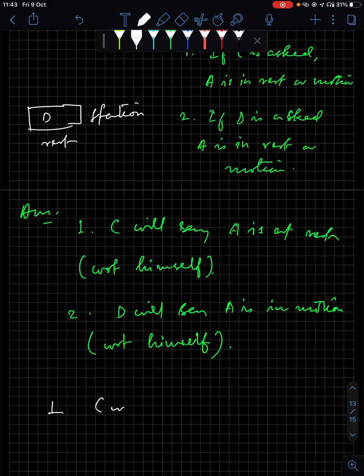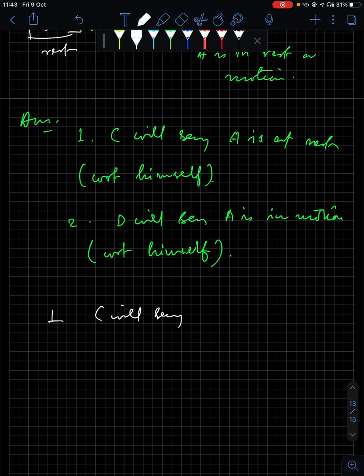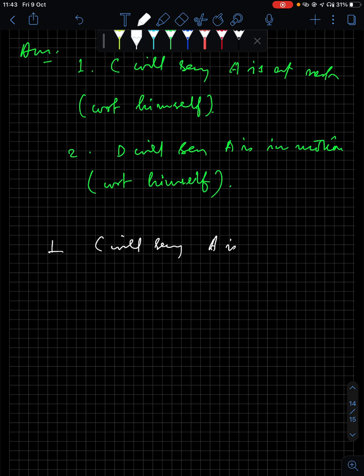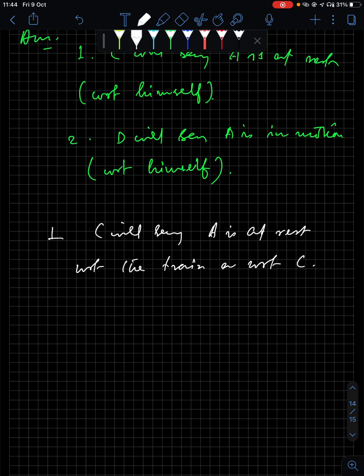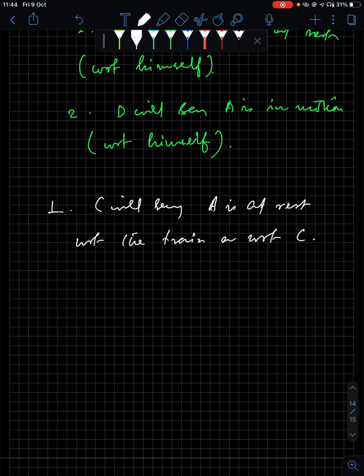C will say A is at rest with respect to the train or with respect to C himself. Okay, that could be one of the answers of C, when C wants to insist on, or when C wants to emphasize on rest. This is possible response number 1.